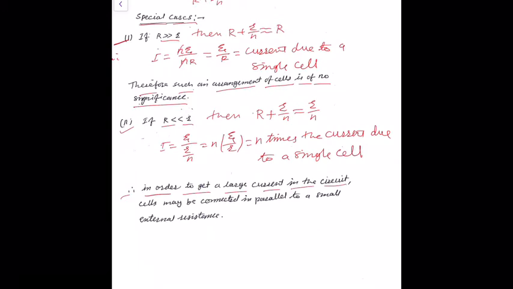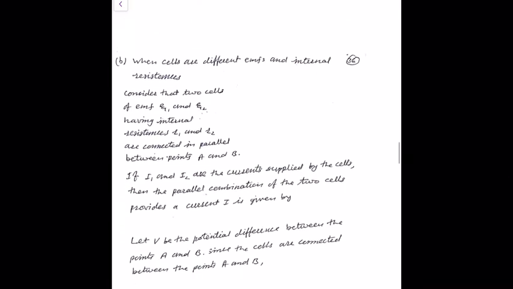Therefore, in order to get a large current in the circuit, cells may be connected in parallel to a small external resistance.